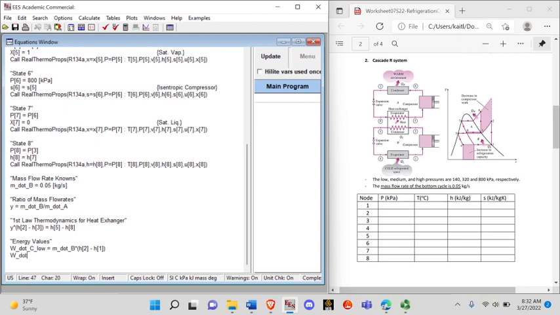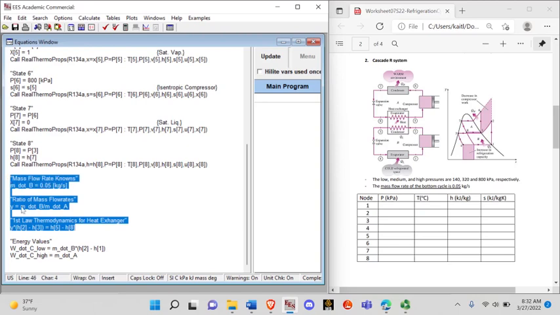Then the power of the high pressure compressor, sorry, compressor, not condenser. This is W dot C high. This is going to be m dot A, which should be outputted using these three equations that we have, and then our known energy values that we solved.